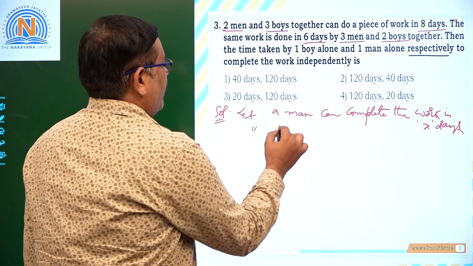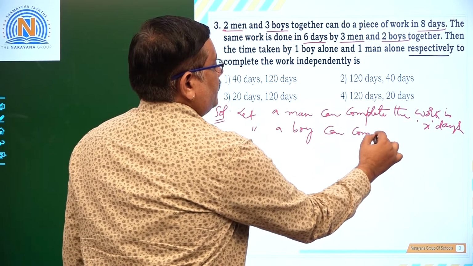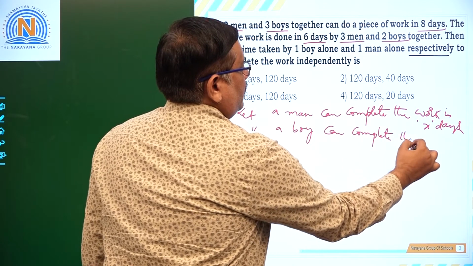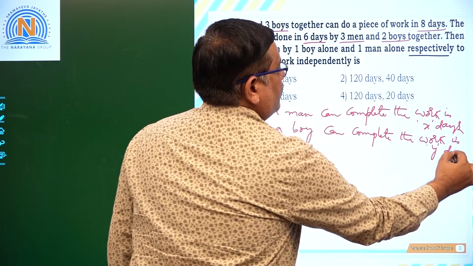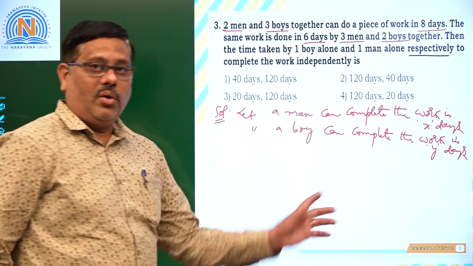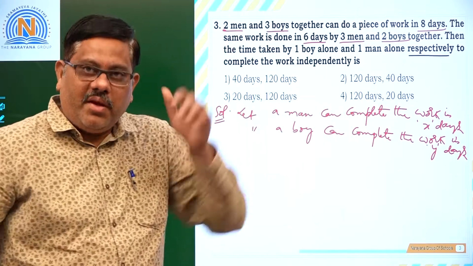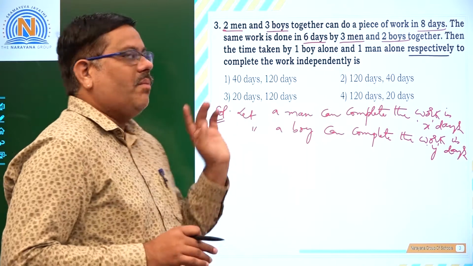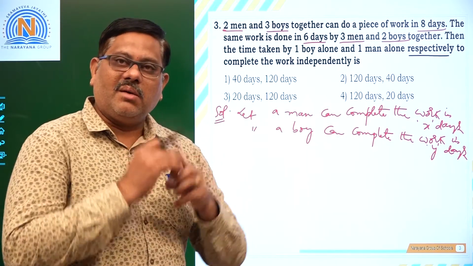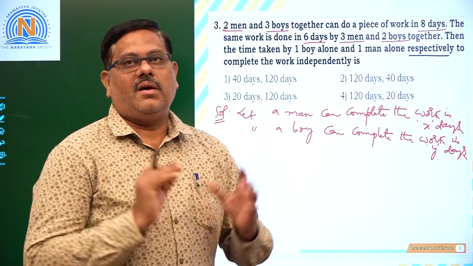Similarly, let a boy can complete the work in Y days alone. Here, a man can complete the work in X days alone. Only if he is working, he can complete the task in X number of days. If only a boy is working to complete the work, he can complete the work in Y number of days. That is what we can assume.